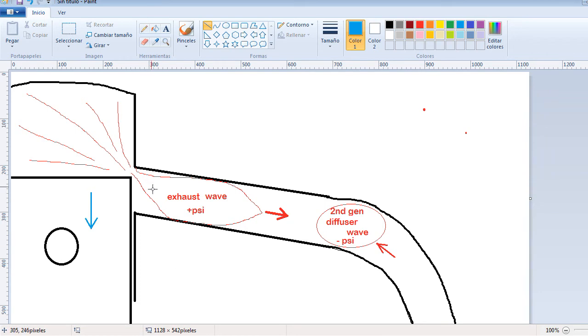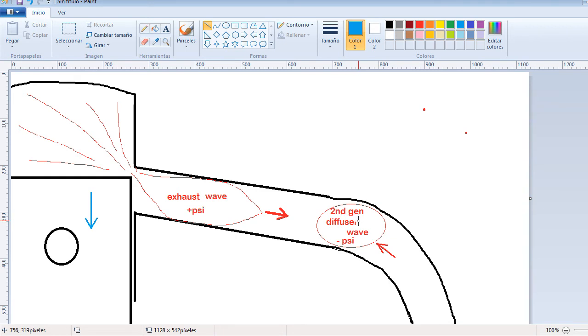It's showing the exhaust wave being created by the exit of the exhaust from the cylinder into the exhaust port, and it's heading down the exhaust port, and it could be a second generation diffuser wave from the cycle. Yeah, it could be from the previous cycle or the same cycle.